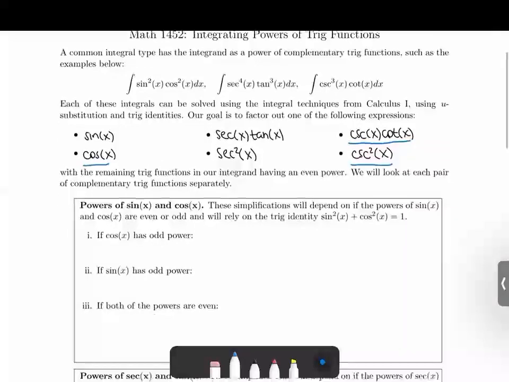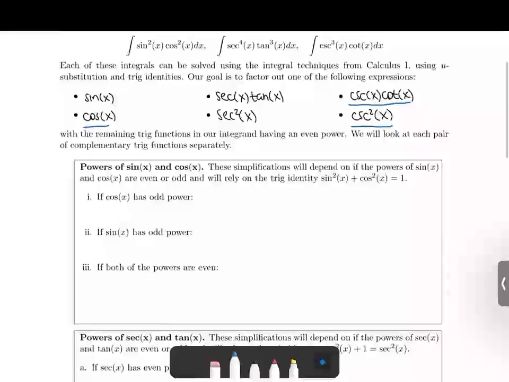So let's talk about what our integral looks like. We know that we have this overarching goal of factoring out one of these 6 expressions, but we can take that a little bit further. If our integral is a power of sine times a power of cosine, then depending on the power of sine and cosine, we can say automatically what we can do every time, and this can become a more algorithmic process where we just follow these steps.